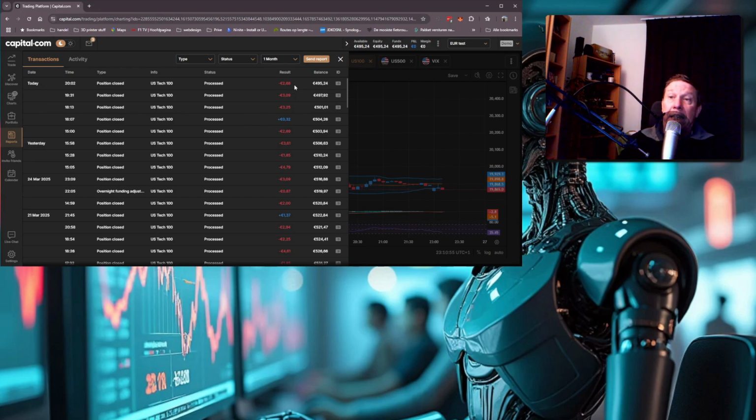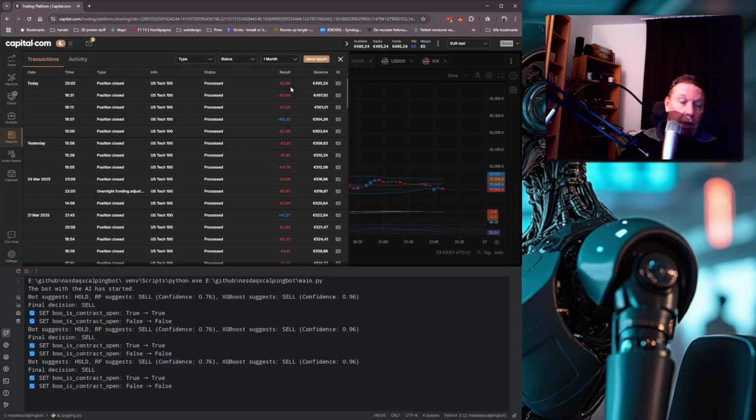Which means that if they say it's a sell with a high confidence, for today, the 3 openings that we see are not profitable at all.